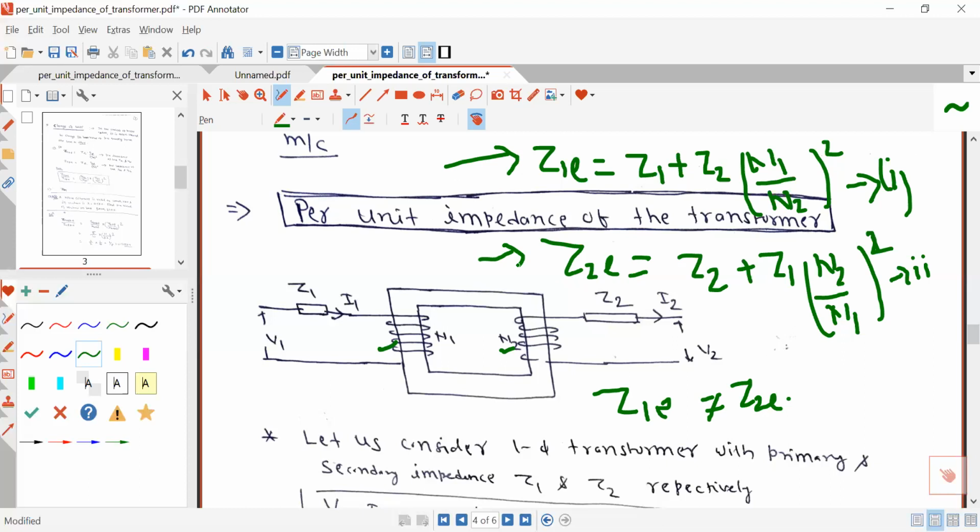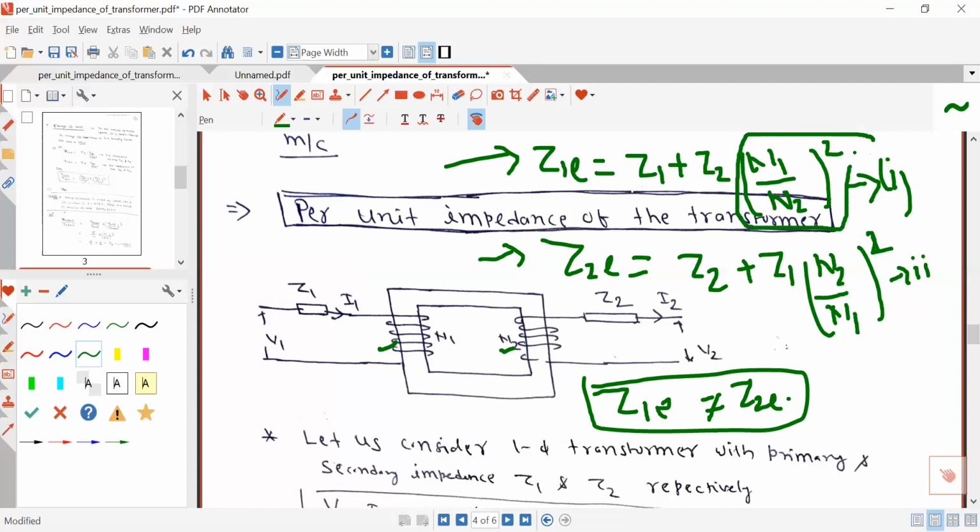So the total impedance referred to the primary differs from the total impedance referred to the secondary. While calculating total impedance, the knowledge of turn ratio is very important.